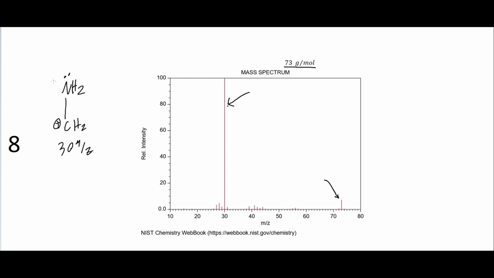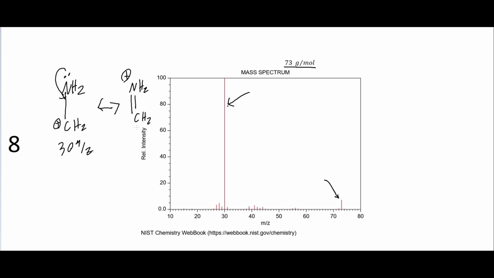And these are going to show up a lot because they are resonance stabilized. So we can have those go down there and we end up with this right here. So NH2, and then the plus is there, and CH2 right there. So that is going to be our fragment at 30.